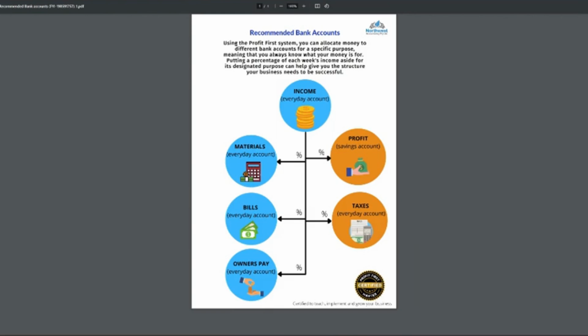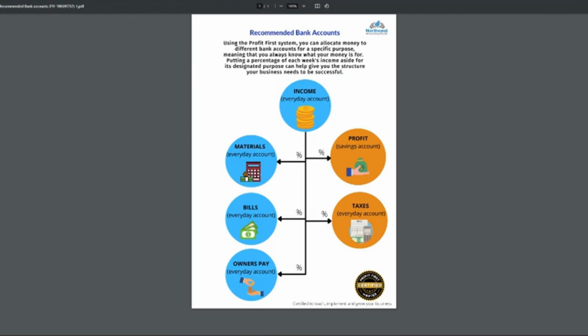Now, this is really important because the system is called Profit First, but the system is all about creating profitable businesses. Now, if we're working on a very, very short term weekly cash flow, we're probably not thinking about putting money aside for profit at all. We're probably thinking about which bills can I pay and get them to stop calling me.